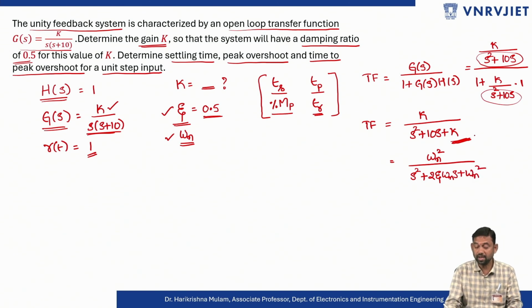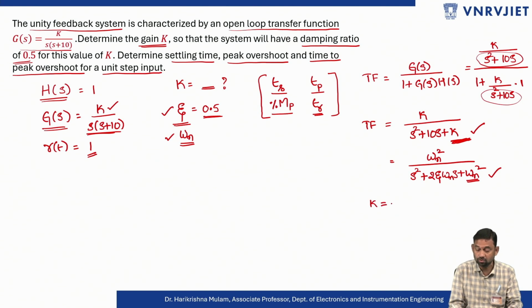So if you compare the denominator polynomial of our transfer function with that of the standard transfer function, we can write, this K is equal to omega n square.